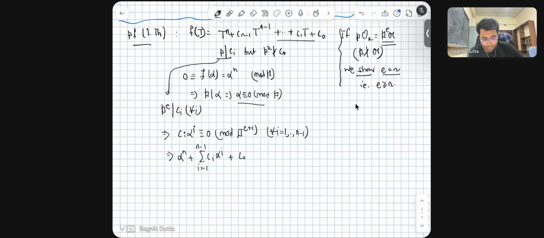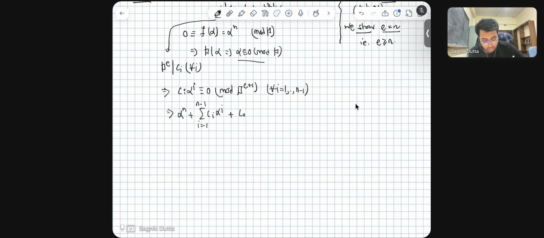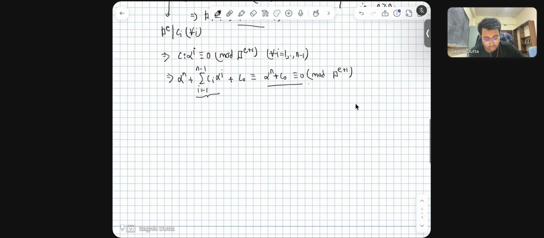Now this is congruent to alpha to the n plus C naught, which is congruent to this, because all these terms are divisible by P to the E plus 1, and the right side is anyway 0. So when you view this mod P to the E plus 1, you only get this.